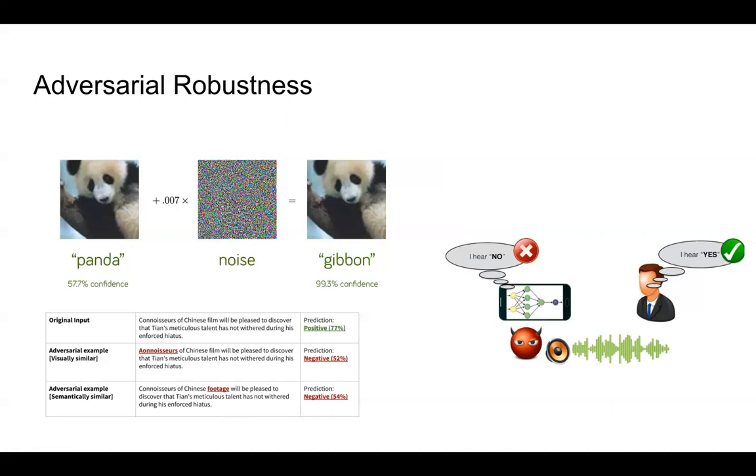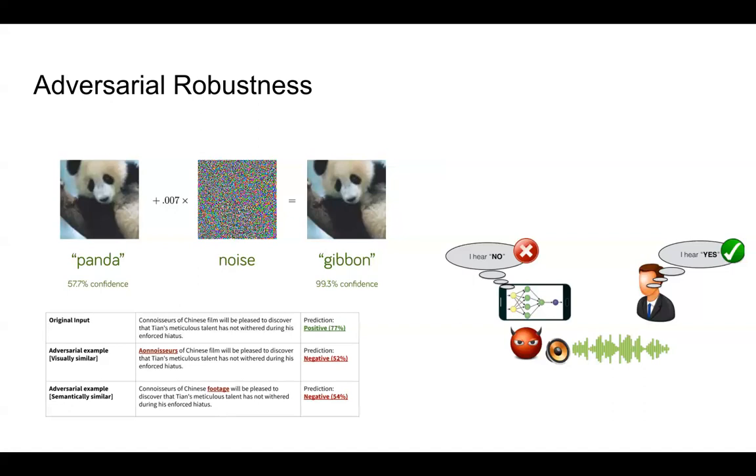Then it will generate some appropriate response to it, and at the end, it will output the response that is needed. A way to fool this kind of model is that you play something, a human will hear something, and the model will transcribe it as something completely different.